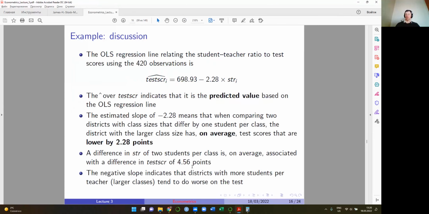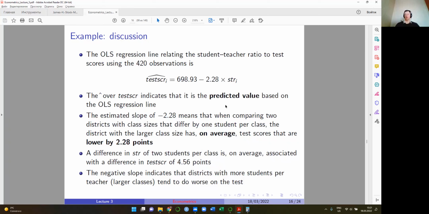Now the question is, economically, practically, is this result large? Is this reduction in the test score, or increase, if we decrease the number of students per teacher by 1, the test score will increase by 228. Is this large?